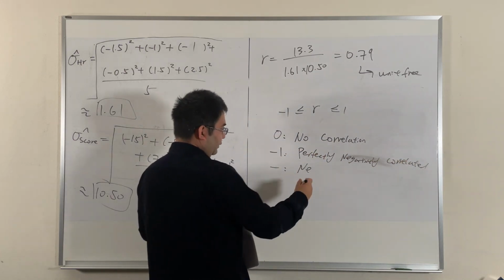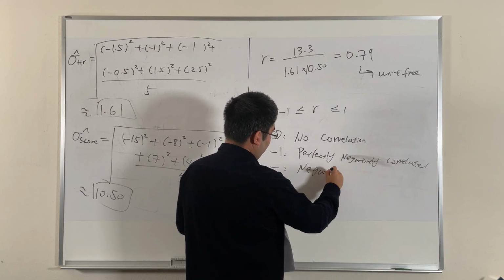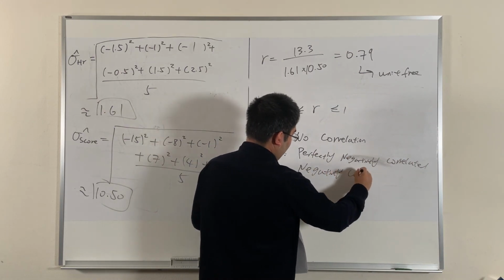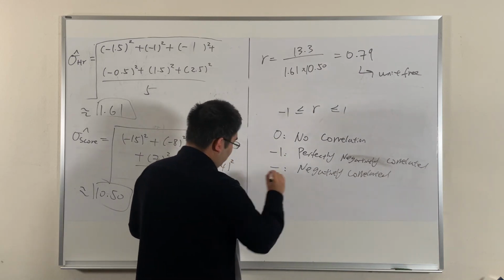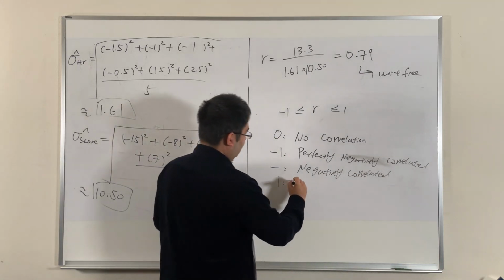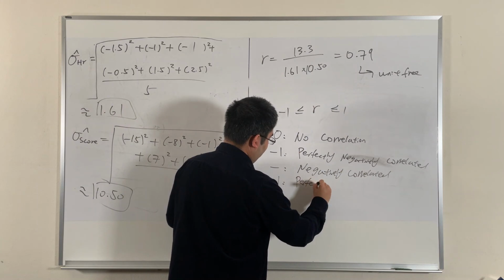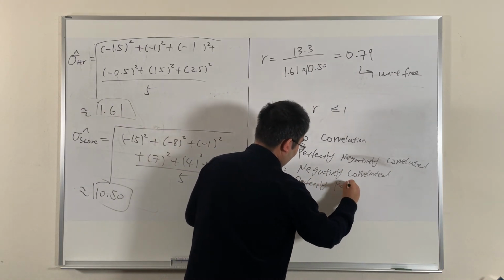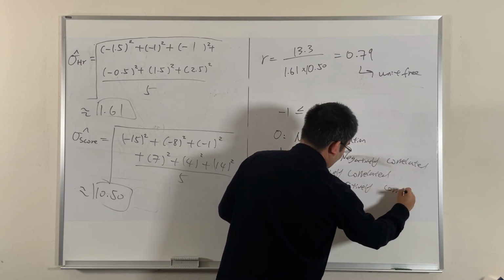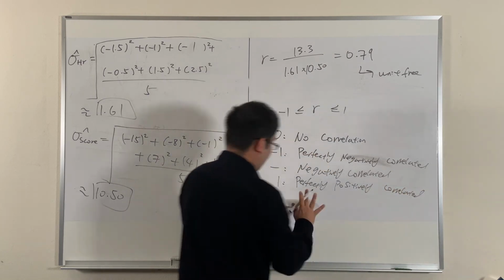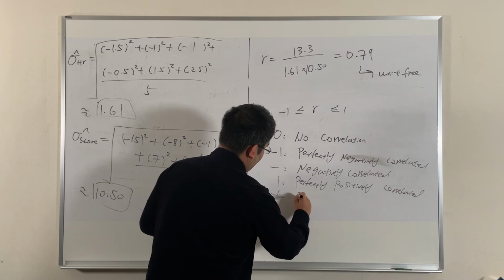If it's negative, that means negatively correlated. And if it's exactly 1, that's perfectly positively correlated. If it's just positive, it's positively correlated.